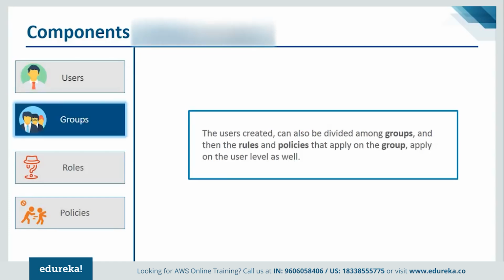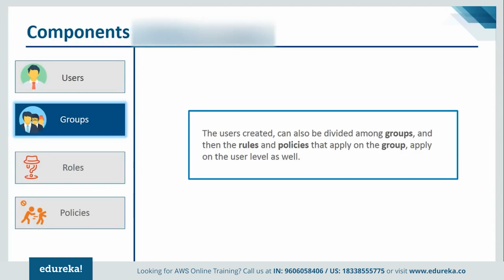Alright, so whenever you create users, they can also be combined into groups. Now, why do we need groups? Let's take an example. Say you have 5 users and these 5 users have to be given identical access, right? Say these 5 users belong to the development team and the development team has to have some common access that they all will have.